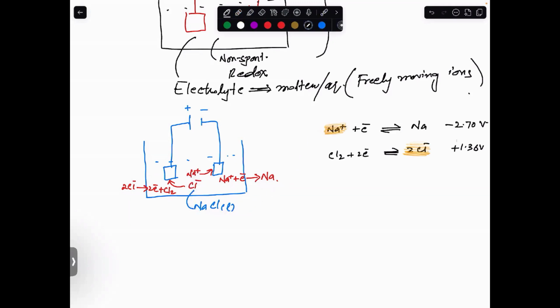Now Na plus is going to gain electron at the cathode, and chloride is losing electron.